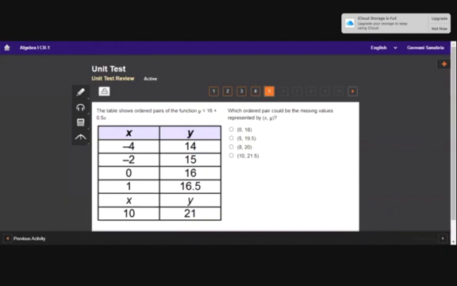So for the next one, we put in 5, and it should equal 19.5. Okay, I got it. No, because it equals 18.5.